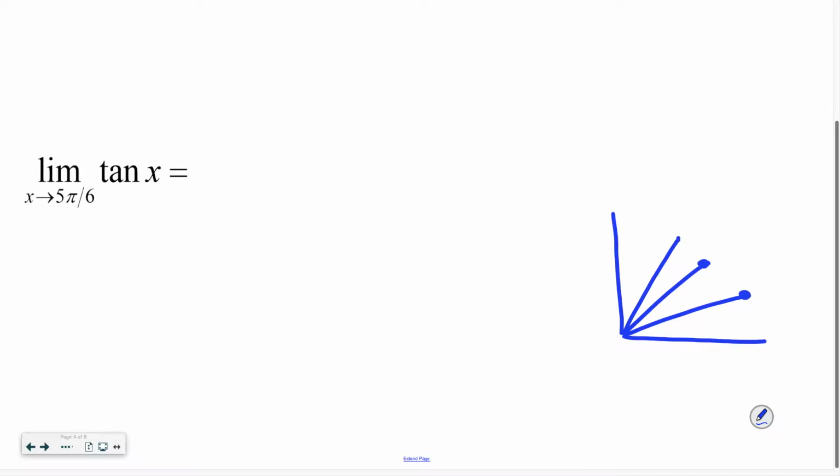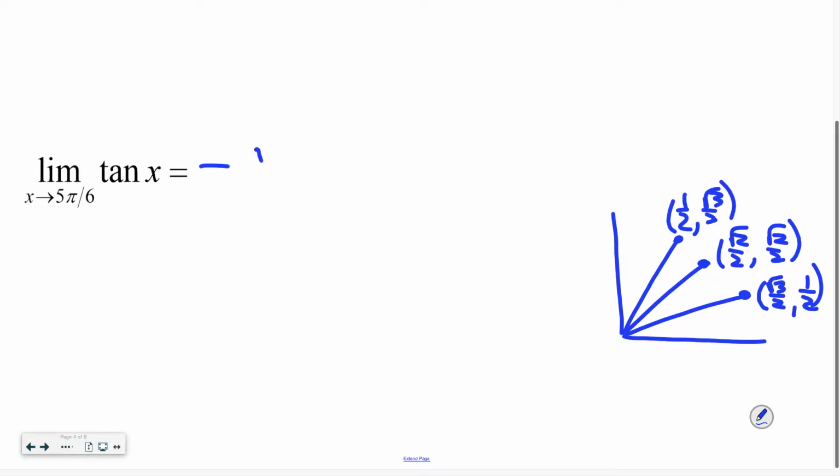I just need to know the radians. Max, what's your answer? Negative radical 3 over 3.